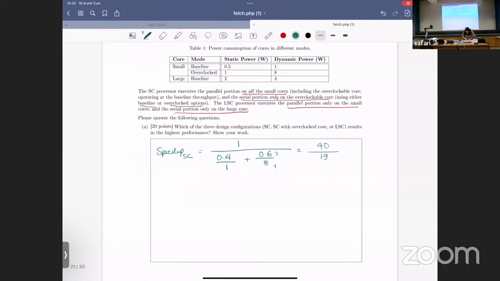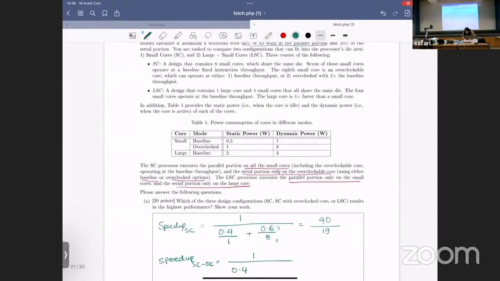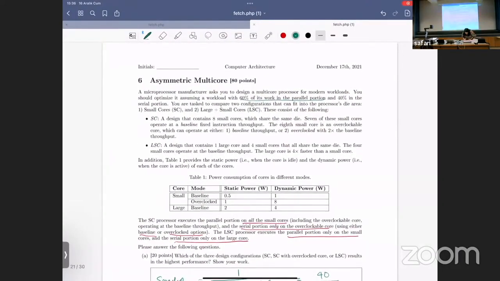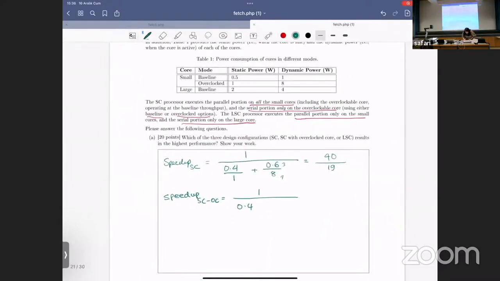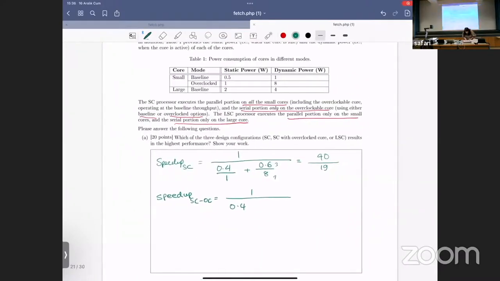Okay, so now let's go to the SC with overclock. So the speedup would be again 1 over. Here, how much faster was this? Overclocked 2 times. And the parallel part does not change.